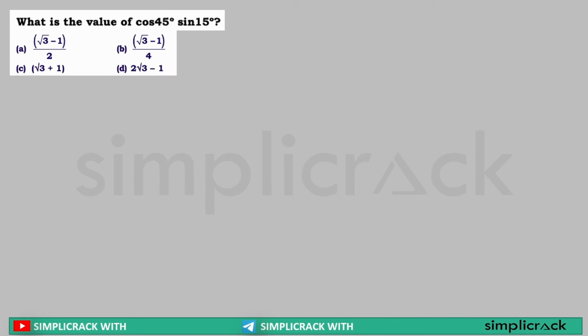Sorted? Next. What is the value of cos 45 degree and sin 15 degree? Sir, you have told us if this is a right angle triangle, this is 75 degree, this is 15 degree, this will be root 3 minus 1, this will be root 3 plus 1, this will be 2 root 2.